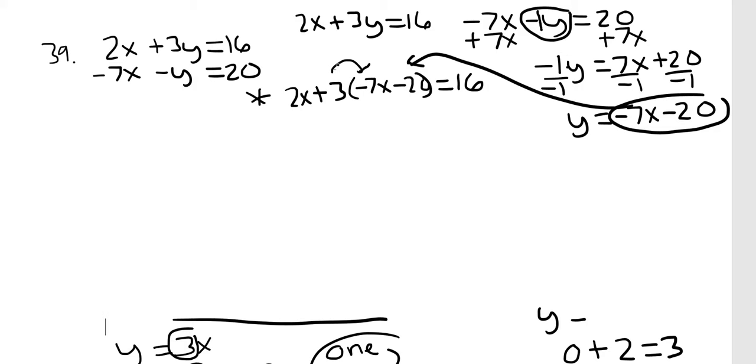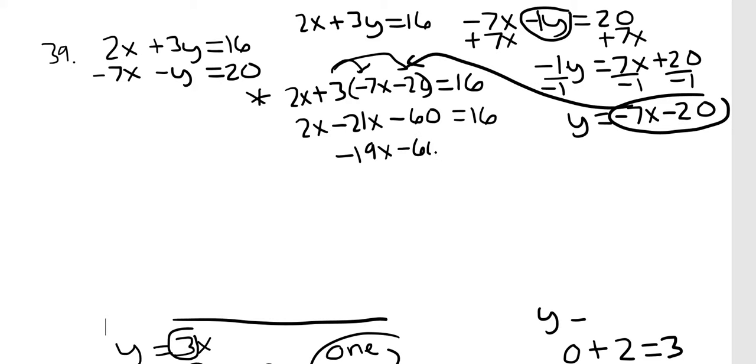Okay, so from there, we're going to distribute the 3. And then we would get negative 19x minus 60 equals 16. So negative 19x equals 76. Then we would divide by negative 19.